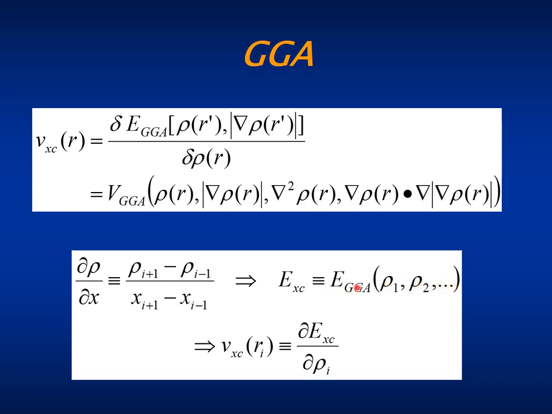That means that the expression of the exchange correlation energy will be a normal function of the density at all points rather than a functional, and that the exchange correlation potential can be calculated as a normal partial derivative of the energy at the different points with respect to each particular density at each point.